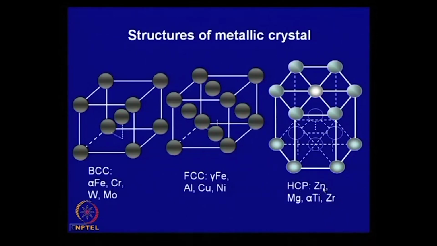This list definitely is by no means complete, and here the atoms are arranged like this in a hexagonal pattern as shown over here, and you have a set of atoms down below, and also an intermediate layer. Here you should carefully note that the position of this intermediate layer is just above the centroid of these 3 basal plane atoms. Similarly, the next one is just above these 3, and the third one is just above these 3.